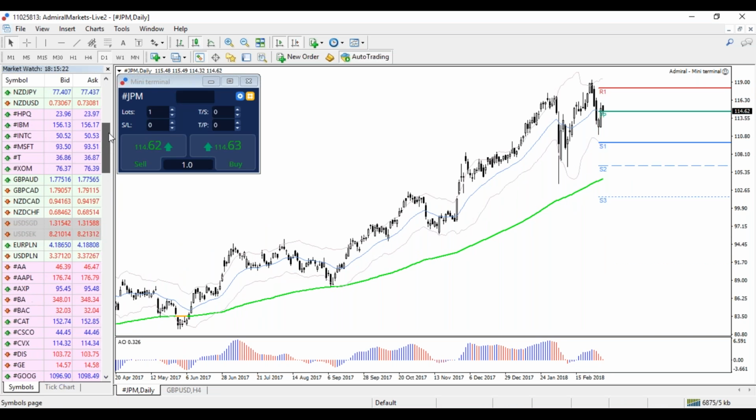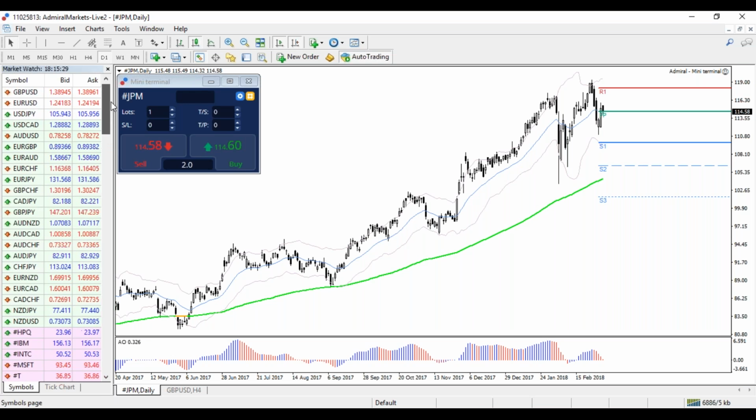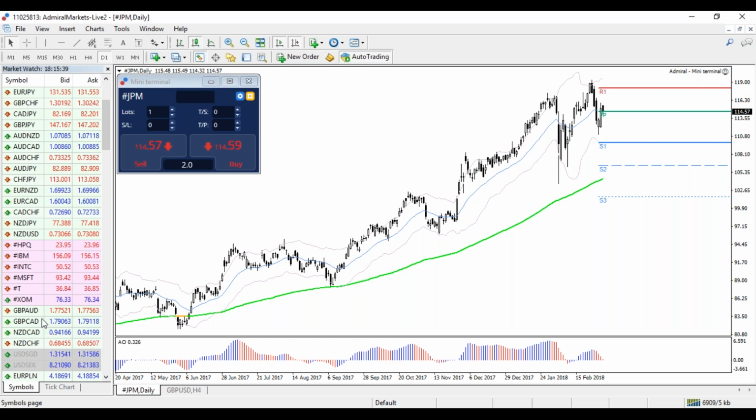Alrighty. Let's take a look at a few more currency pairs, maybe one more currency pair, and then I guess we will wrap it up. Anyone have a particular preference here? One currency pair.